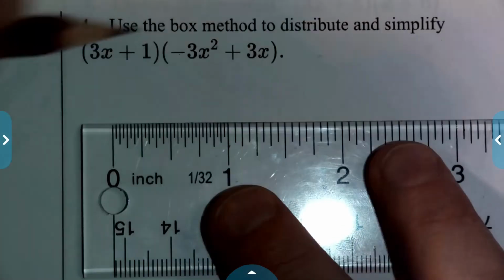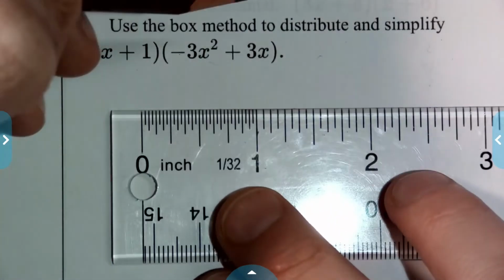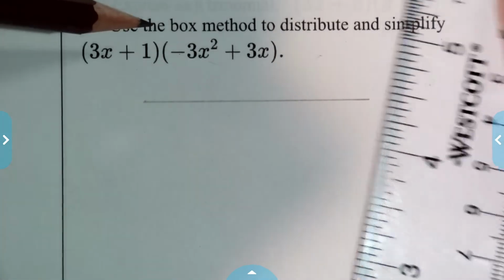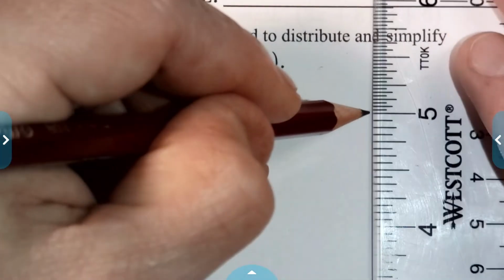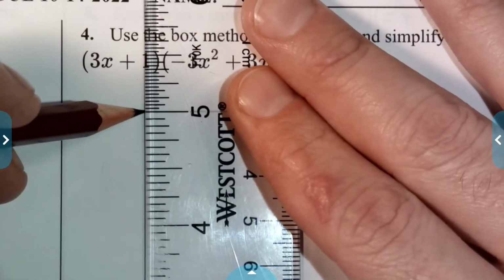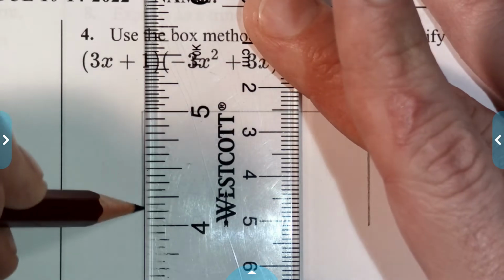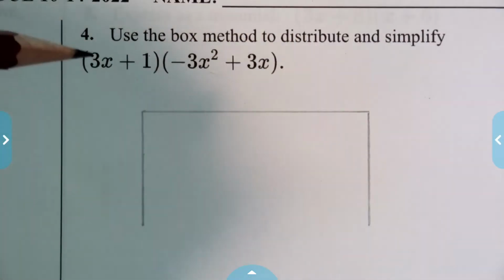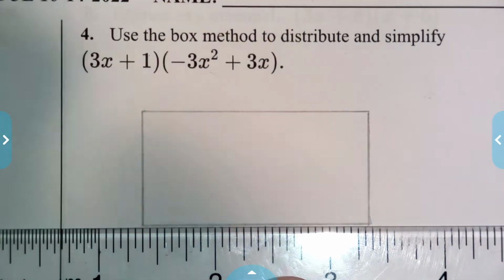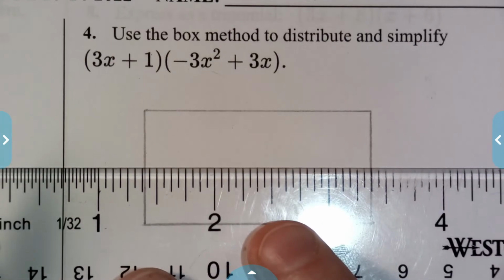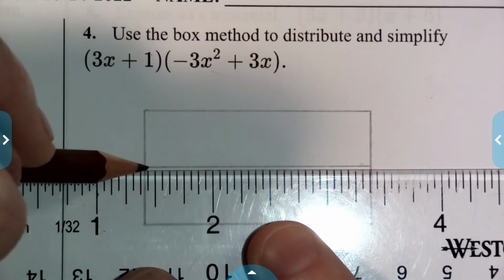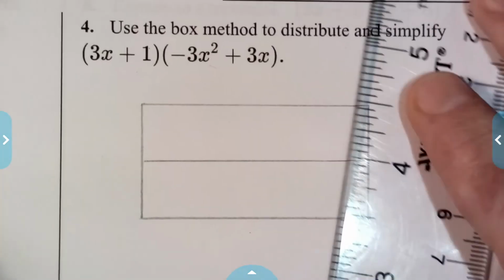I need a window like this. Okay, and then I have 2 rows. And 2 columns.